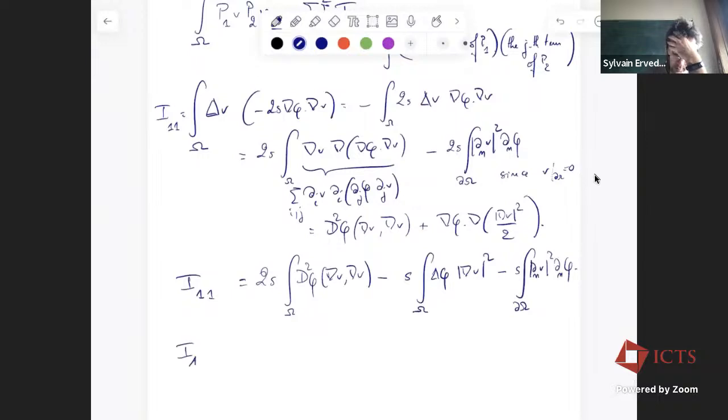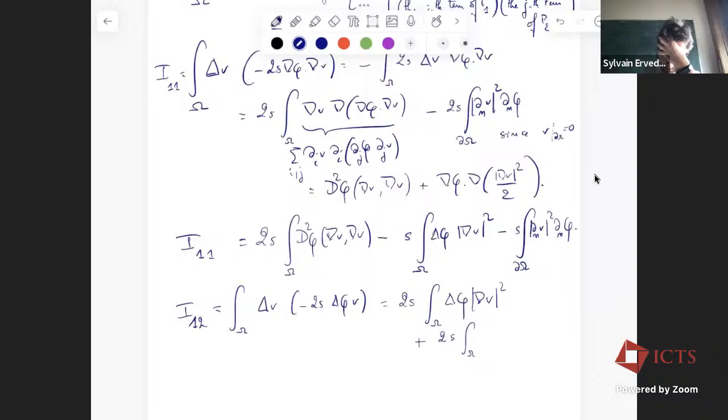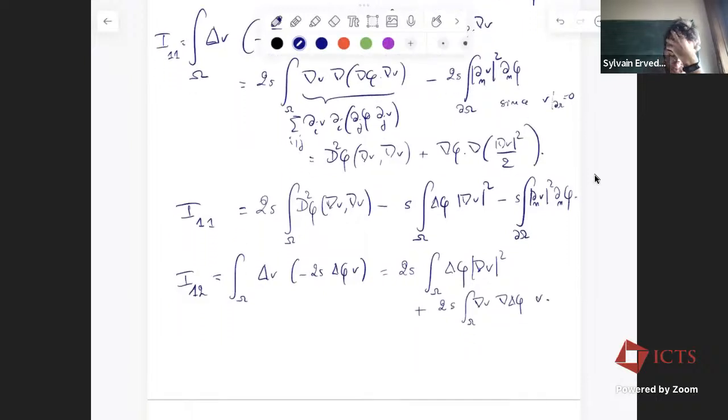Then we have I12, which is the integral over omega of Laplacian V times minus 2s Laplacian phi V. This is minus 2s, which is 2s integral over omega of Laplacian phi gradient of V square minus 2s that comes over plus, it's gradient of V, gradient of Laplacian phi minus V. Of course, I write it as gradient of V square over 2.